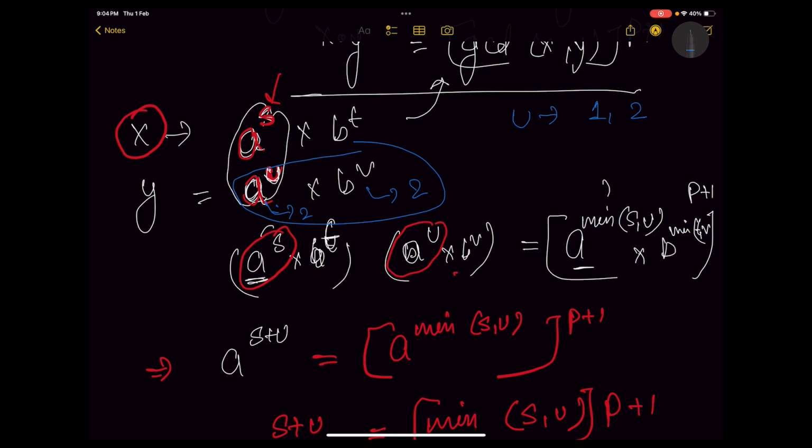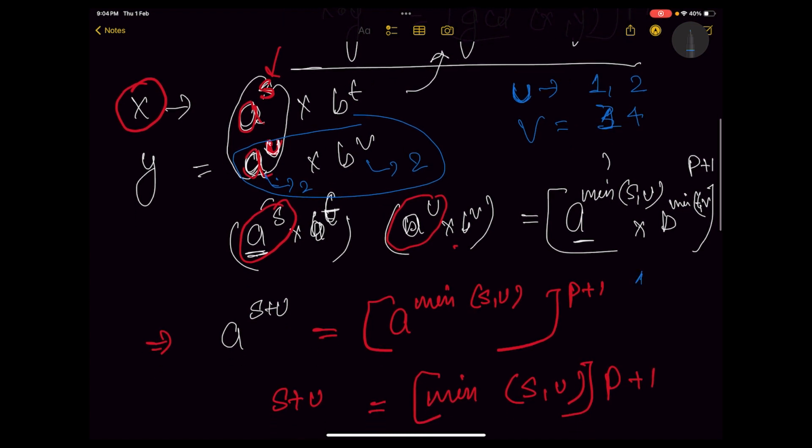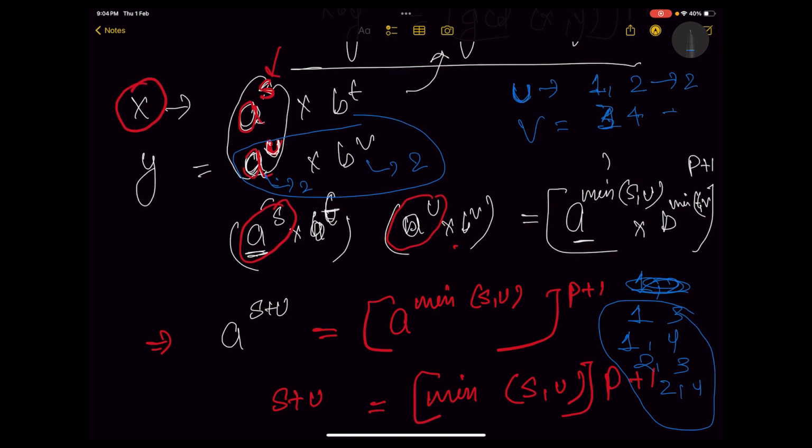Those are the possible values for filling u. Now for filling v, you have two possible values, let's say 3 and 4. So it would be 1 3, 1 4, 2 3, 2 4. So there are four values, that is 2 for this and 2 for this, multiplying both of them.